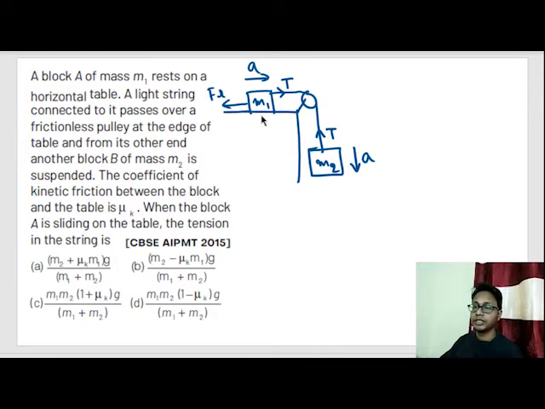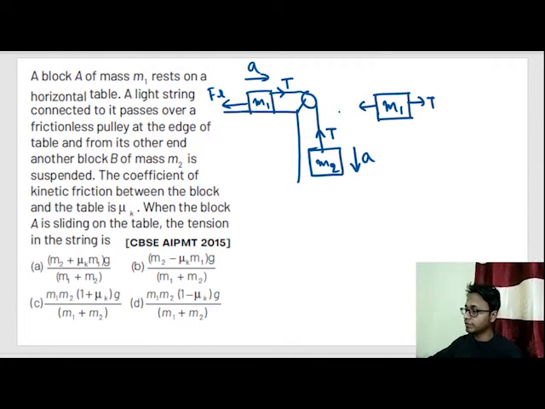This is the question. Similarly, we follow the same process and draw the FBD. This is the FBD of m1: tension force, friction force. When the body just begins to slip or is already sliding, the full value of friction force gets applied out here.